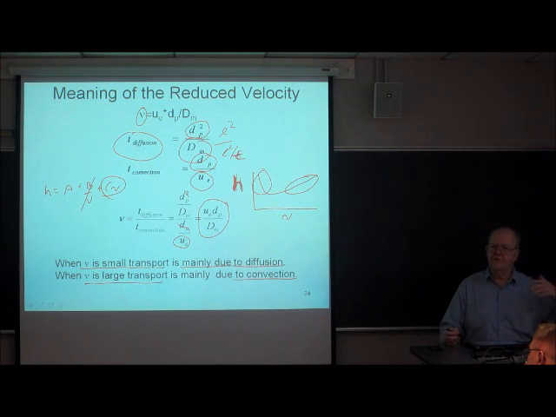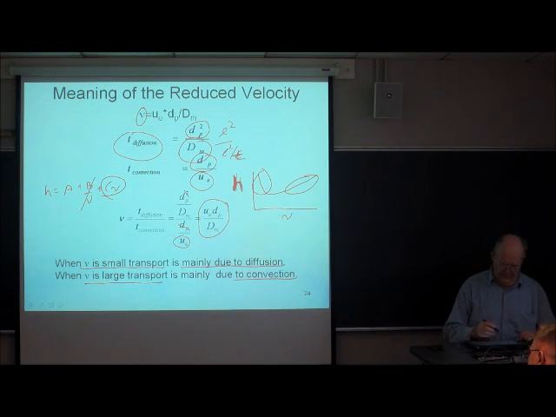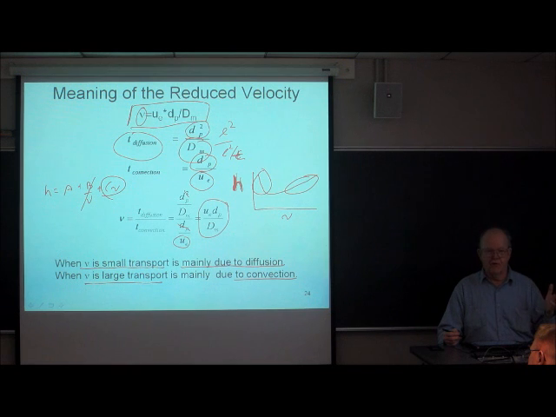So low nu, diffusive transport predominantly, high nu, convective transport predominantly. That's why this is so helpful, and why you don't have to memorize very many values of it to know where the minimum is.